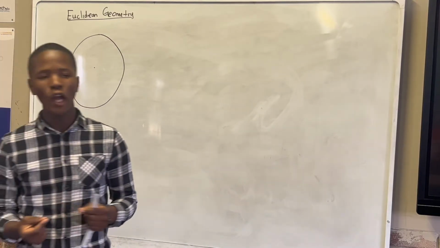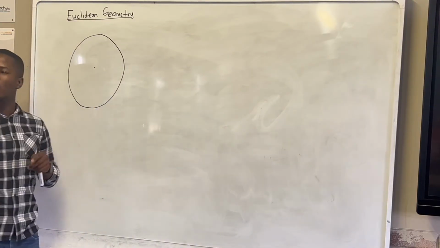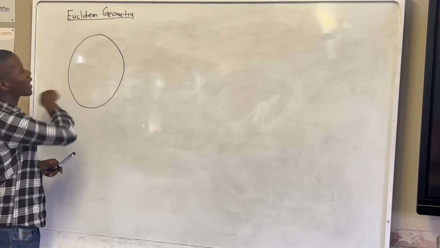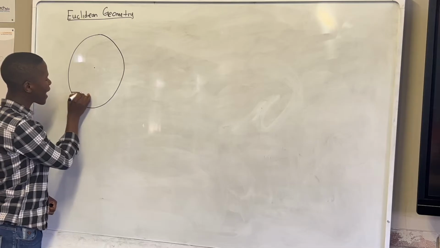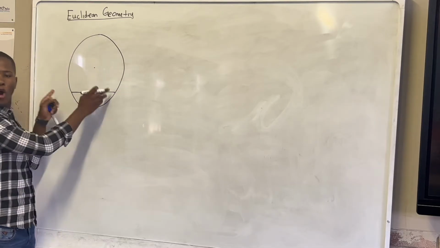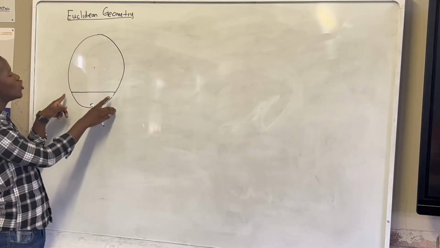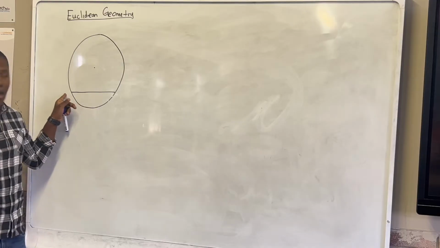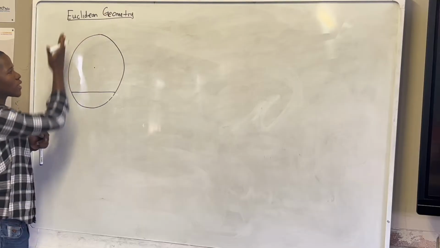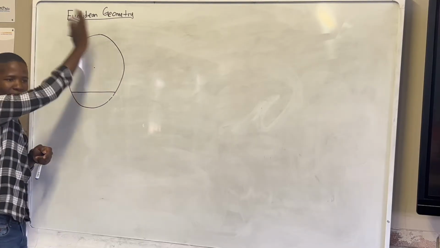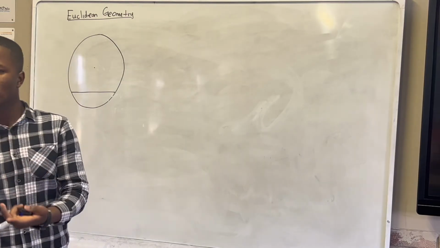A chord is a line that touches your circle's circumference twice, but it doesn't cut through your center. It can cut on this side or this other side. As long as it doesn't cut through the center, we call that particular line a chord.